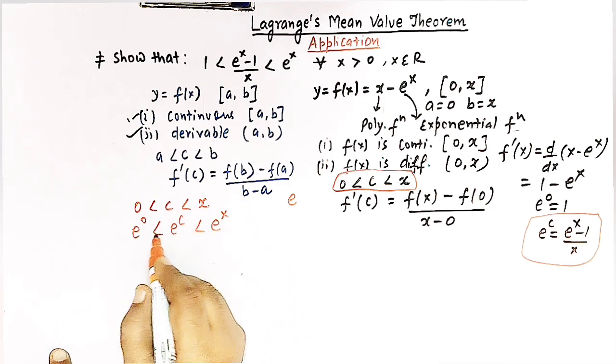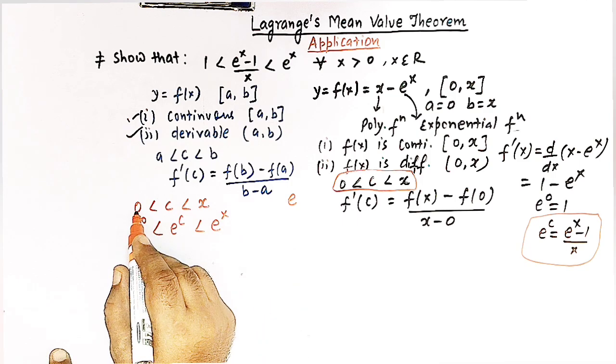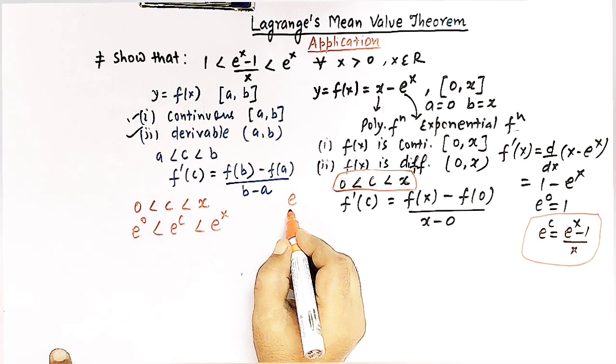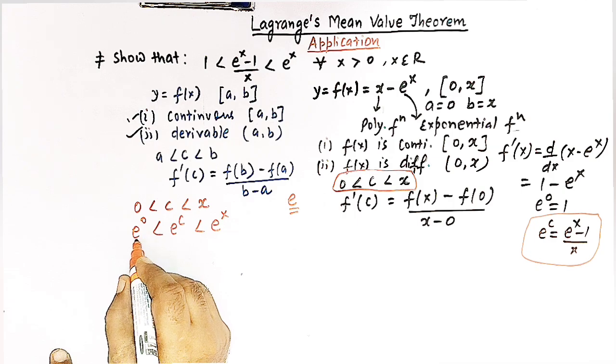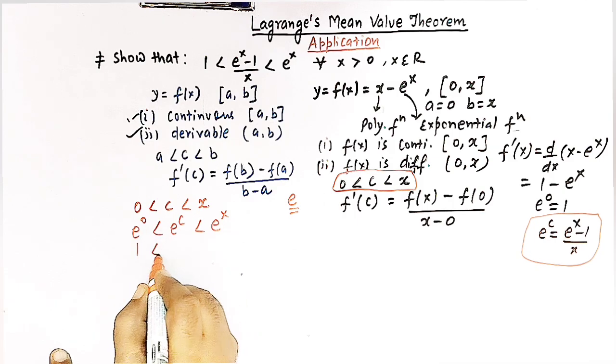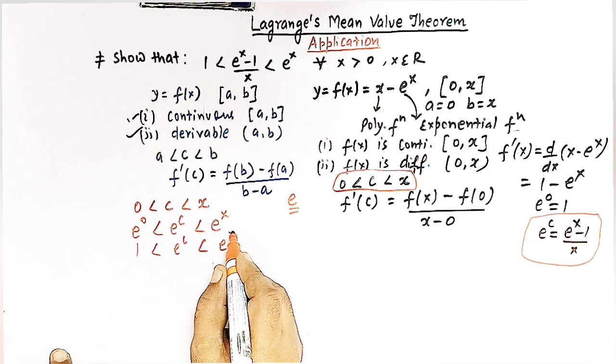Now the direction of the inequality remains the same when we raise these three terms to the power of e, because the exponential function is an increasing function for all values of x. So now here e raised to 0 is 1, and here we have e raised to c, and here we have e raised to x.